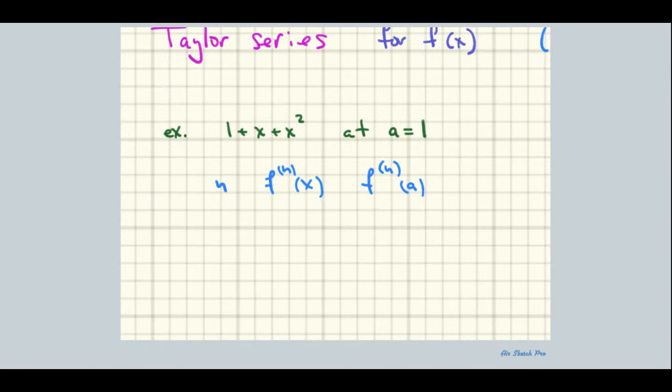Okay, so the 0th derivative is the original function. And what is this at a when a is 1? In this case, because I'm looking at expanding at 1, we're going to plug in 1.